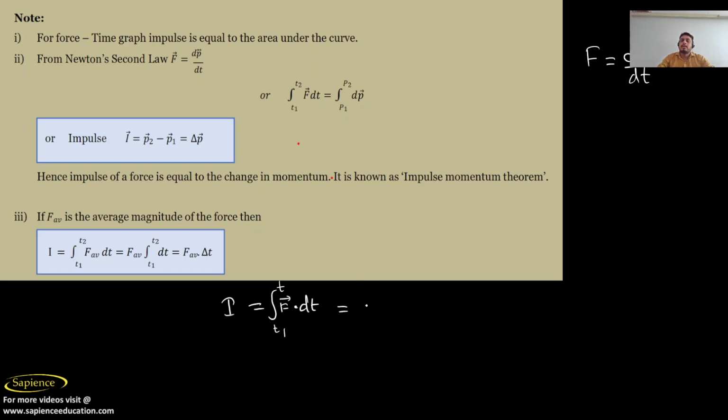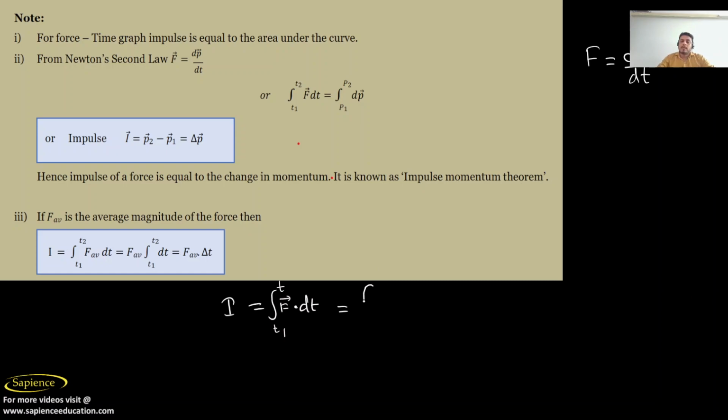So can we write it here in place of force, as we don't know whether force is constant or variable? Okay, sorry.